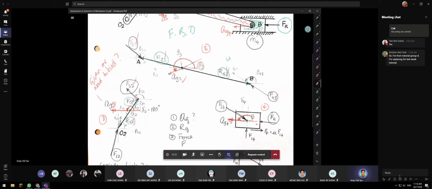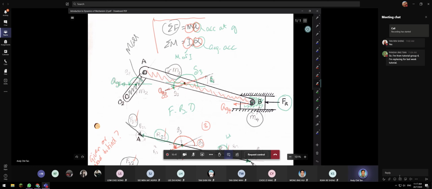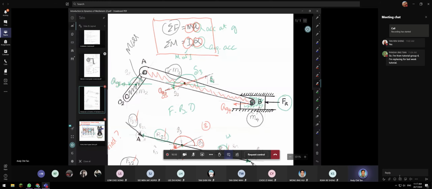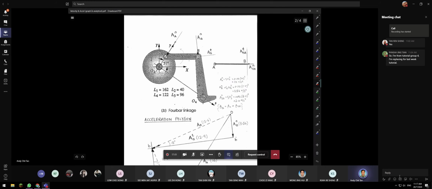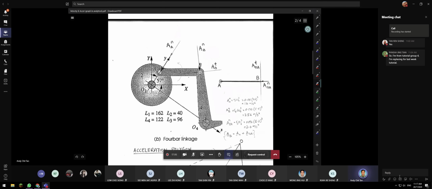All right, now we need to know how to find, because we already mentioned here, summation of force equals to MA. So we need to know the acceleration. Okay, now I'm going to give you a quick revision on how to find the accelerations. All right, so to find acceleration, I'll just give you an example here. So this link might not be similar to the link we are looking at, but the principle is the same.